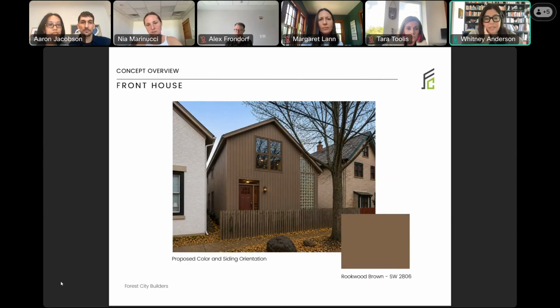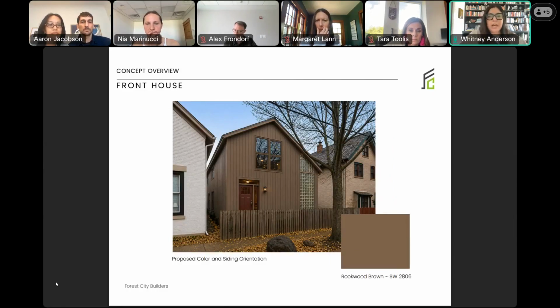So I like the color. If there were any kind of augmentation to the presentation, I'd probably be open to Nia's suggestion of a smooth siding rather than the texture, because I agree when it's that much siding, it can read a little bit faux.